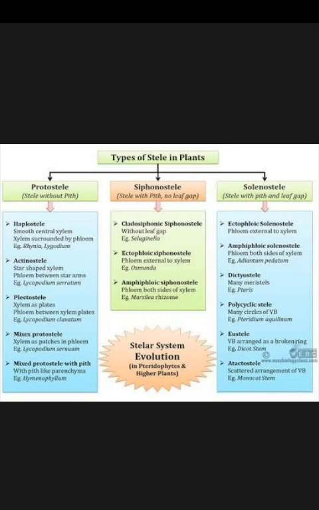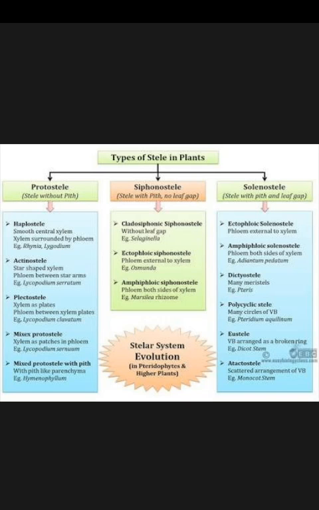Try to remember them carefully and focus on them. Next one is dictyostele, with many meristeles, example is Pteris; polycyclic stele, many circles of vascular bundles, and example is Pteridium; eustele and atactostele, scattered vascular bundles, monocot stem.